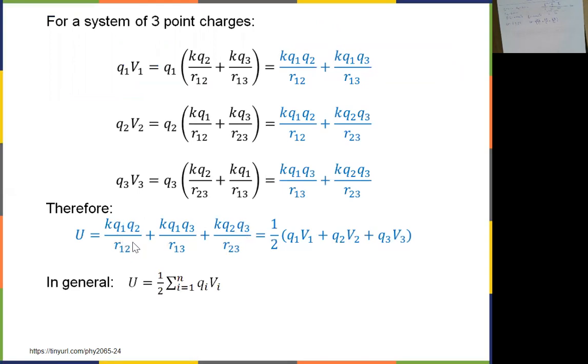You can use either this one or that one. It looks like we have Q1, Q2, Q3 and R12, R13, R23, so we can just use this part over here.